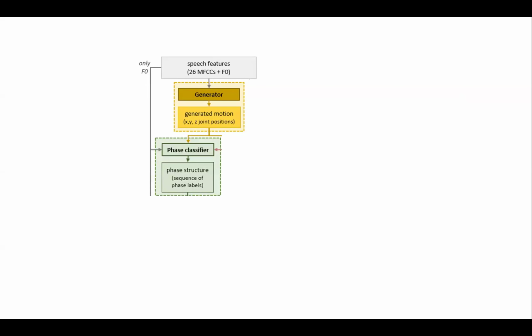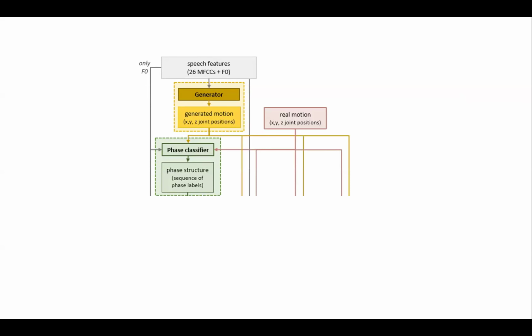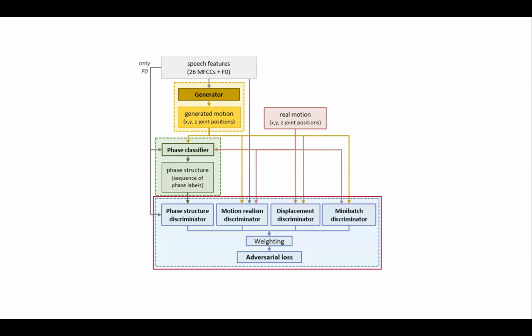So we did a whole bunch of labeling, and then we trained a phase classifier that would automatically label the gesture phases. We used that as one component in our adversarial loss. The phase classifier is going to measure the phase structure, and that's one of the components that we use in our adversarial loss.